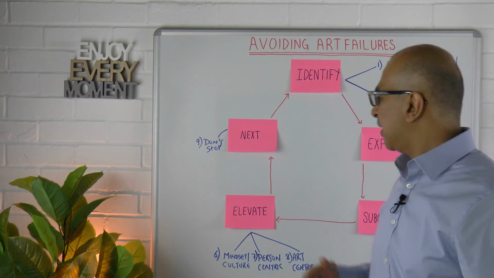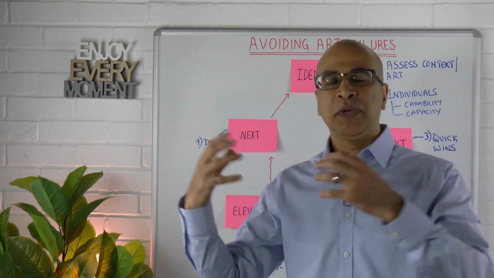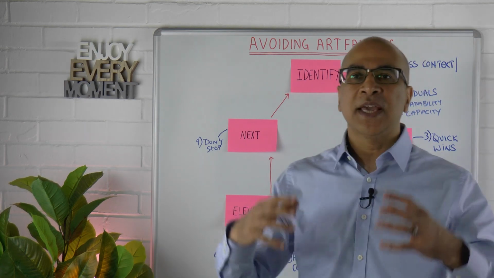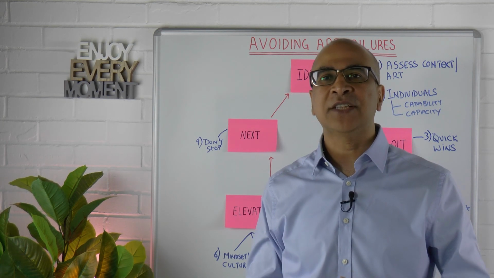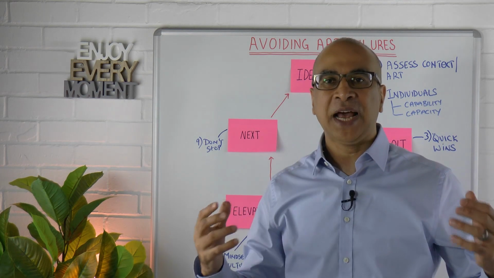After that, we've got next, which effectively means don't stop. You've identified one constraint, you've dealt with the constraint. Now we need to move on to the next constraint. What is the next biggest constraint that we need to deal with, and so on and so forth. This concept is outlined in the Scaled Agile Framework as relentless improvement and is a very important part of the house of lean.